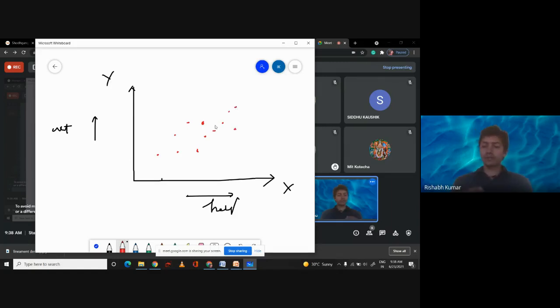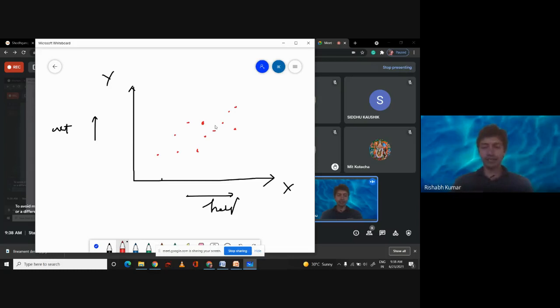So what is the line of best fit? You have to draw a line that is representing the trend. What is the trend in this plot? This is a kind of scatter plot, right?